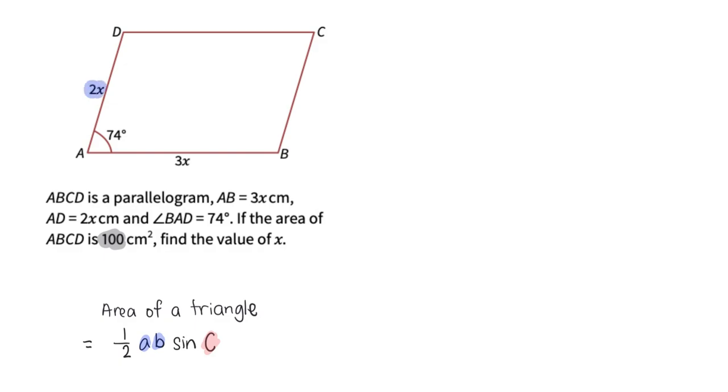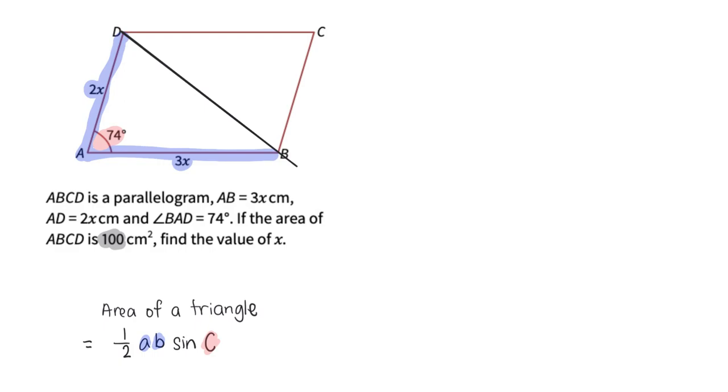So from this you can slowly see that if I were to cut this parallelogram into two equal triangles like this, then the area of the parallelogram is 2 times the area of the triangle ABD.